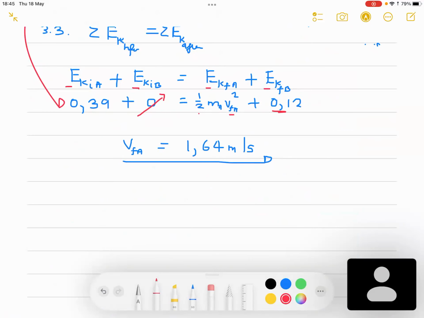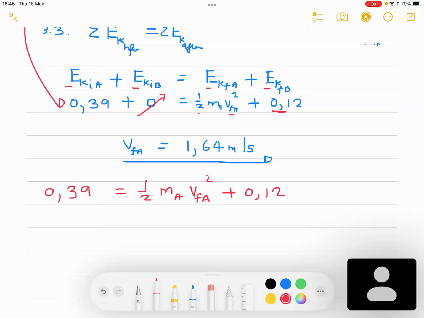So from this equation, if I just rewrite it, we've got 0.39 plus 0 is equal to a half m_A v final of A squared plus 0.12.